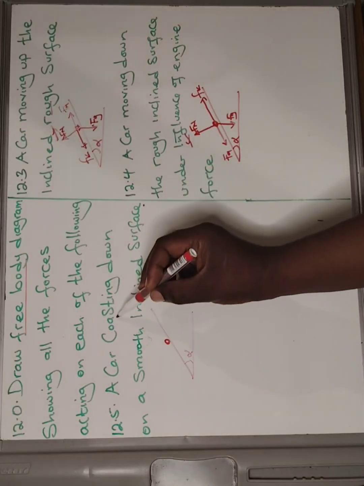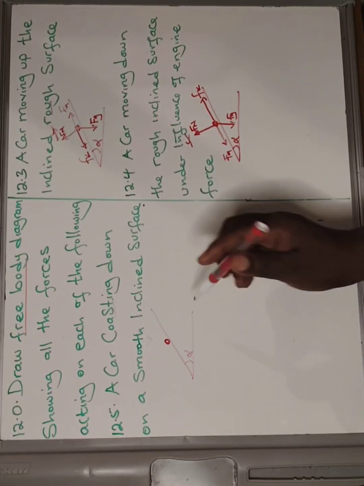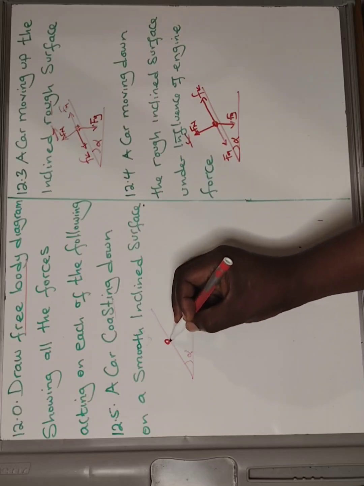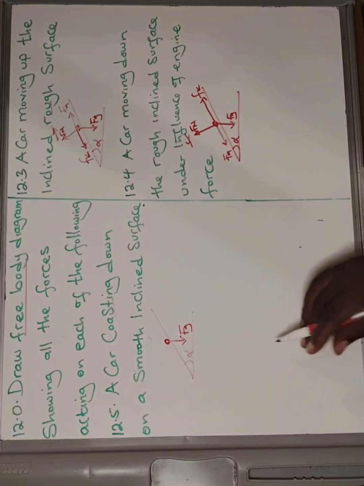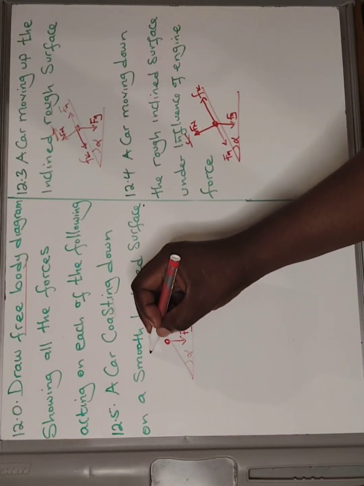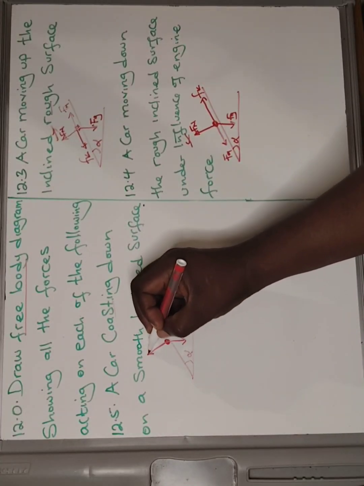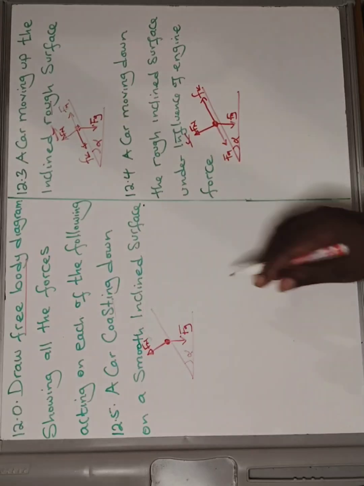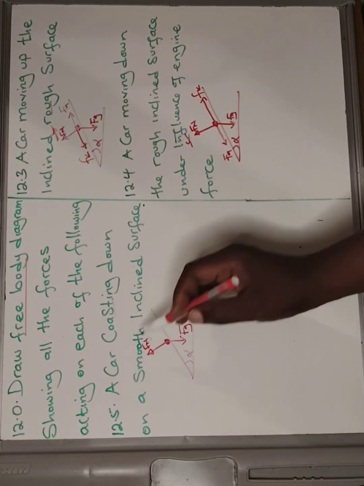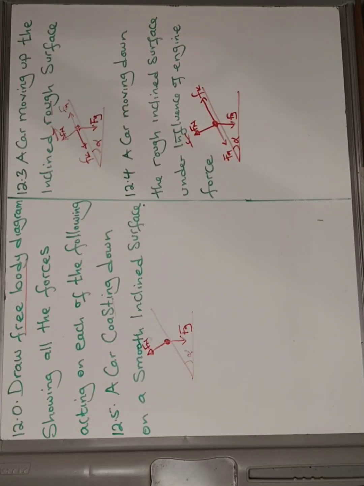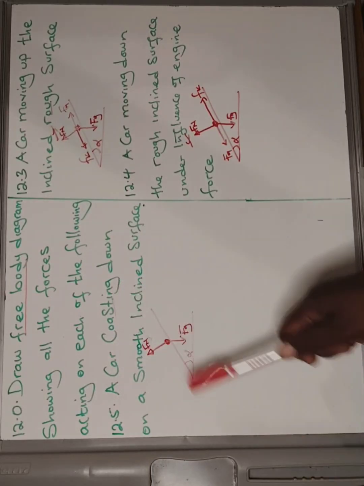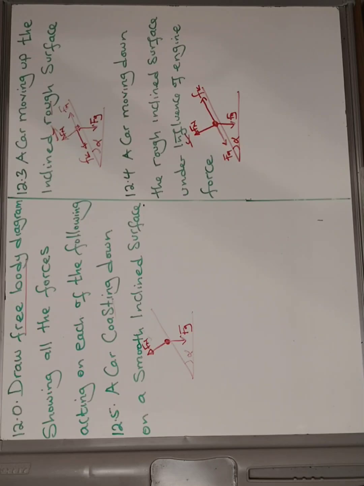First of all, coasting means there is no applied force. So we have our Fg, traditionally is there. We have our normal force. We said it is smooth, so there's no friction force. And we say it's coasting, there's no applied force. So for this case, these are the only forces we are having on that car.